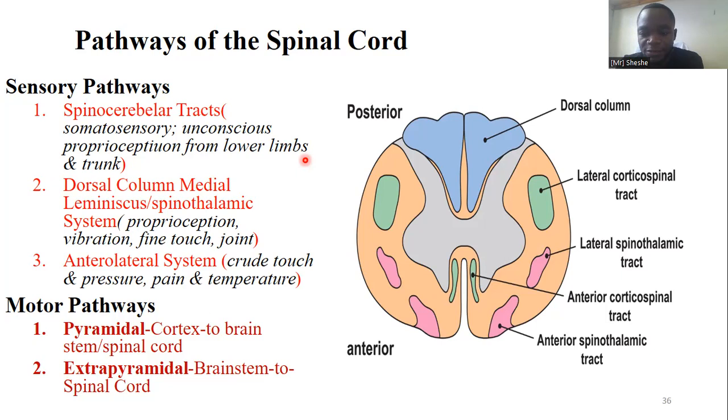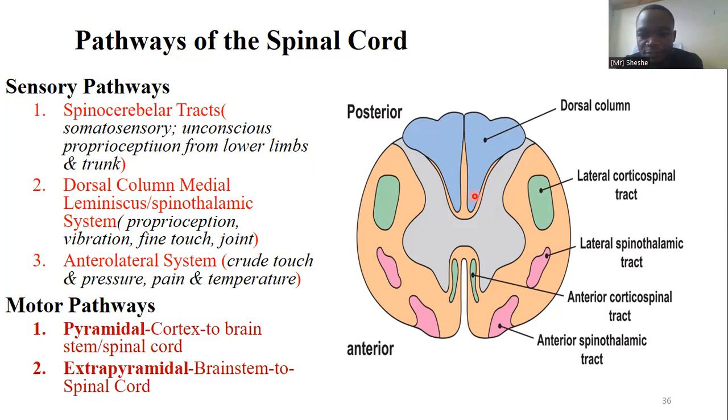All that is coordinated by the cerebellum. Its tract is this one here, the tip of the dorsal column. Nerves found here transport information to the cerebellum from the trunk and the lower limbs so that we can maintain posture, especially while standing.